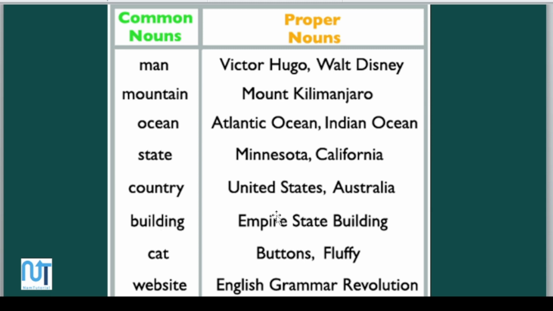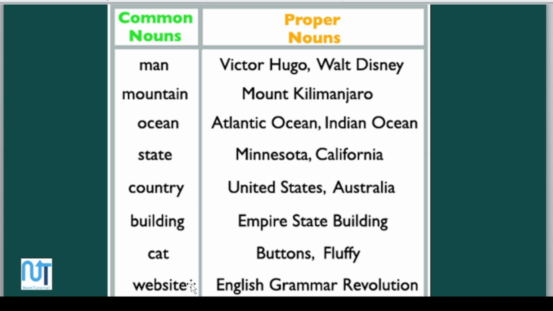Building. There are many buildings. Empire State Building is a proper noun. Cat. There can be any cat, but if I talk about a specific cat, Buttons, Fluffy, Kitten, that is a proper noun, a proper name I give to my cat. Website.